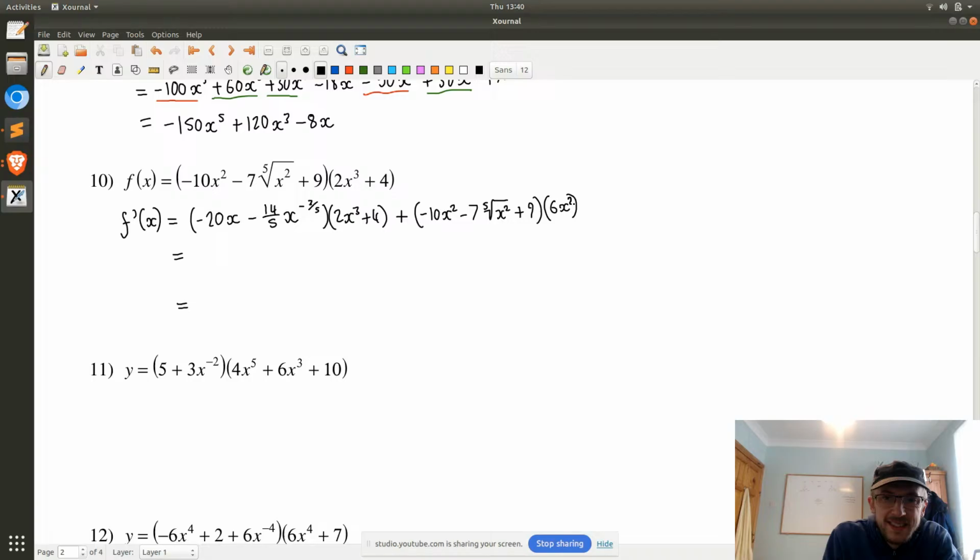So that there is 6x squared. And now to expand properly. That's to the minus 3/5. And so that would be to the minus 9/5.